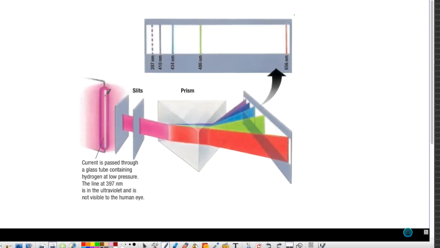Here's our tube filled with hydrogen gas, and you send electricity through it, and it starts emitting this kind of purplish light. You pass that light through a prism, and the prism bends the light so that you can project it onto a screen.